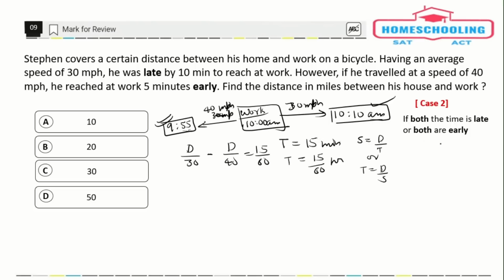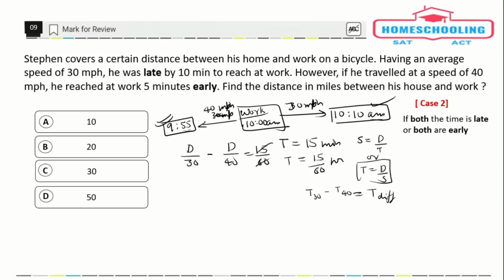So t difference is equal to t at 30 miles minus t at 40 miles. As we know, t is equal to distance upon speed, so we put their respective distance and speed. So this is our equation.